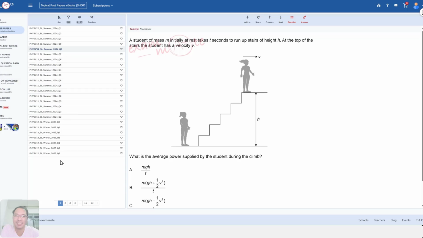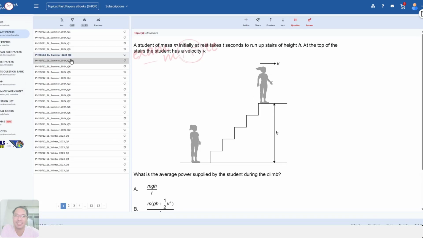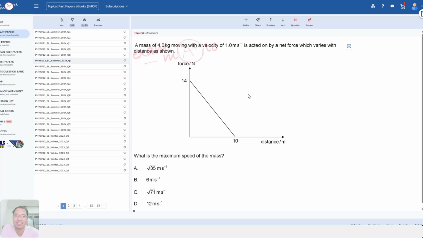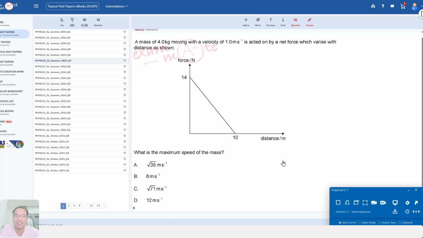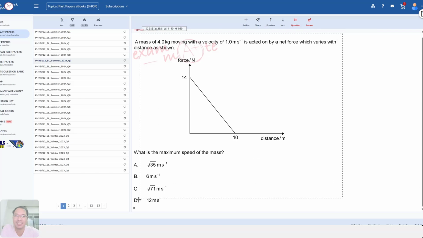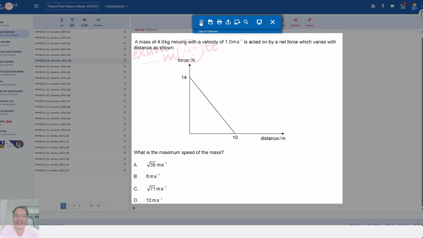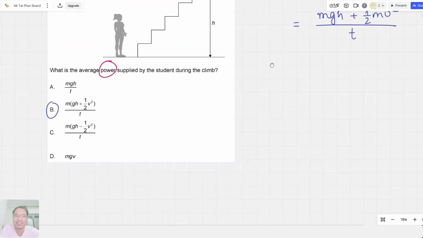All of these questions are in the 2024 paper. Okay. One more thing: force and maximum speed of the mass. Given force and distance, what can we calculate from the graph? What is the maximum speed of the mass?